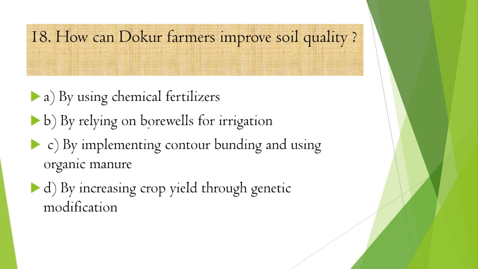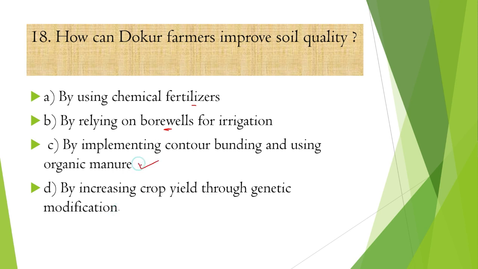How can Dokur farmers improve soil quality? Means what is the solution to that? So just now we discussed the three problems. How can they solve? By using chemical fertilizers, by relying on bore wells for irrigation, by implementing contour bunding and using organic manure, by increasing crop yield through genetic modification. So what is the correct answer here?